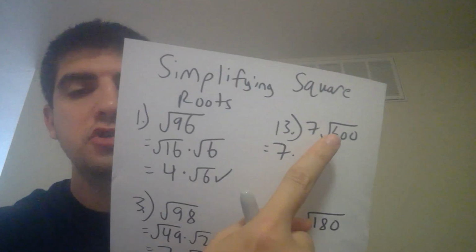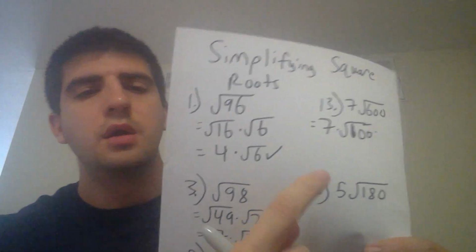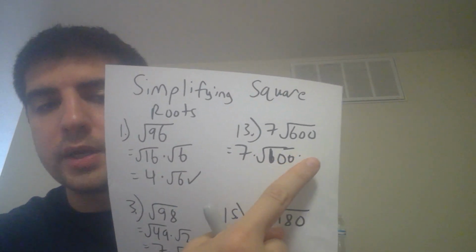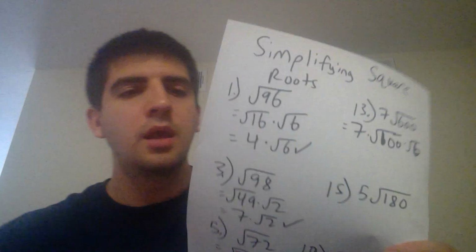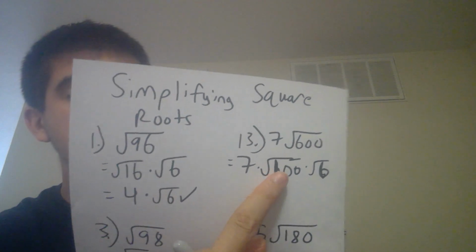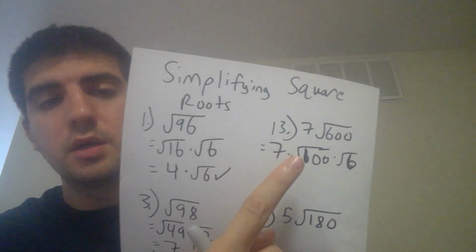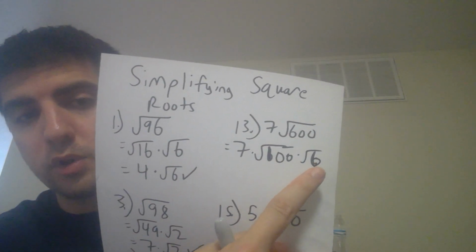Hopefully you recognize that 100 goes into 600. 100 times what gets me 600? 6. Oh my gosh, my handwriting is failing me. 100 times 6 is 600. So square root of 100 times square root of 6 is square root of 600.